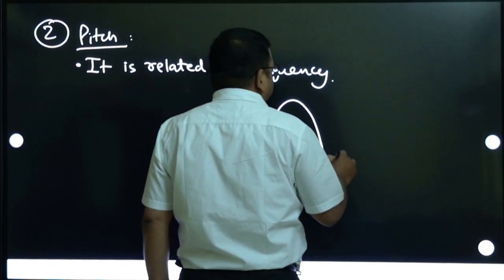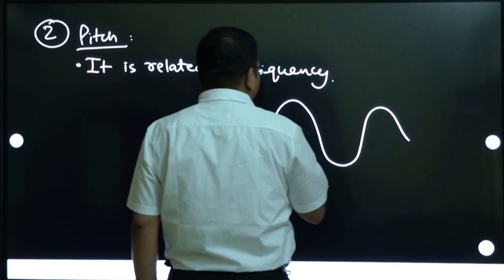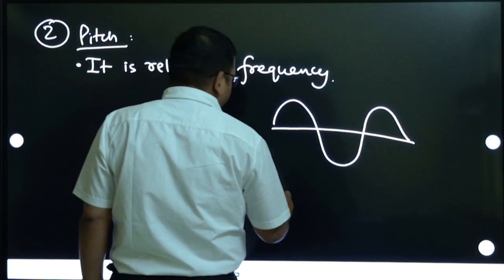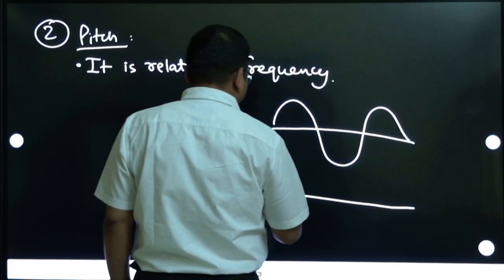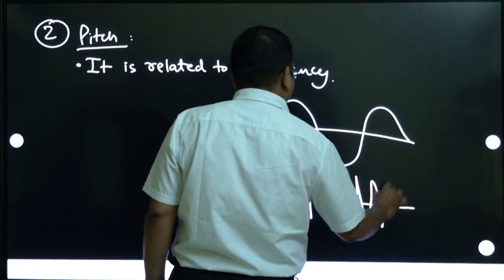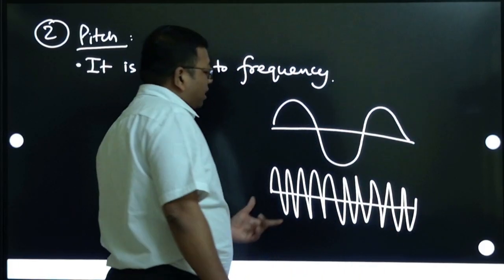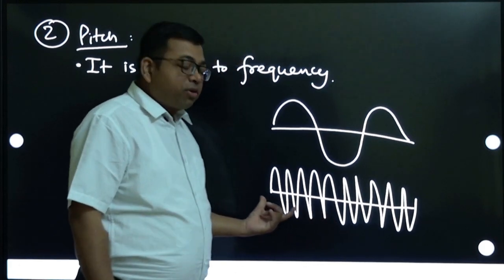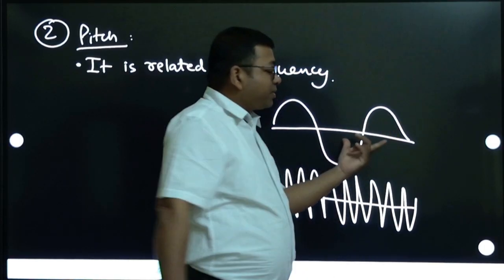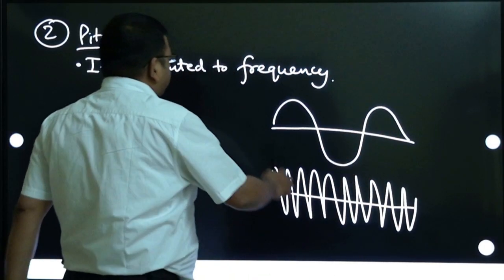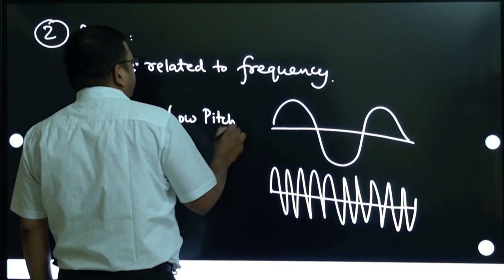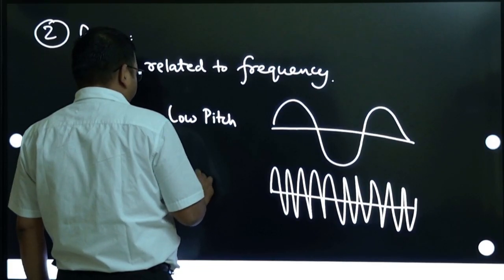Suppose for example there is a wave like this, and between the same interval, if I represent the wave like this, that means high frequency. The number of waves is very high within the same time. Here the number of waves is very less. So this is like low frequency or low pitch, and this is high pitch.